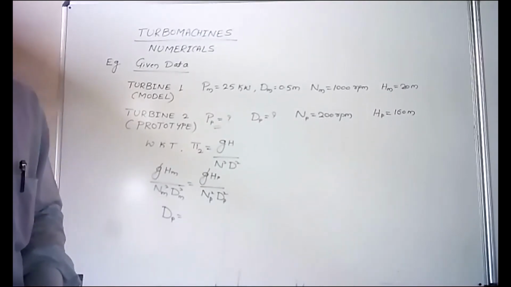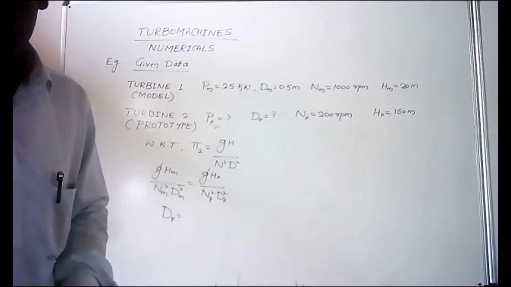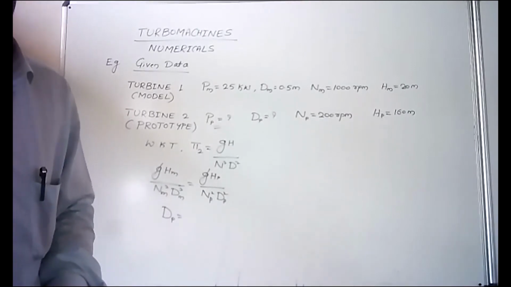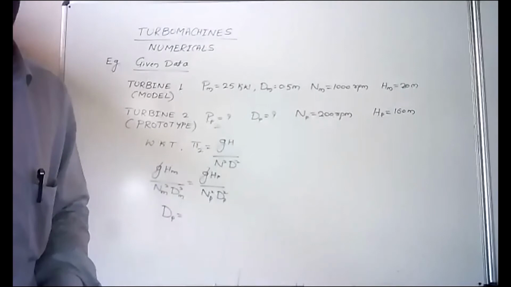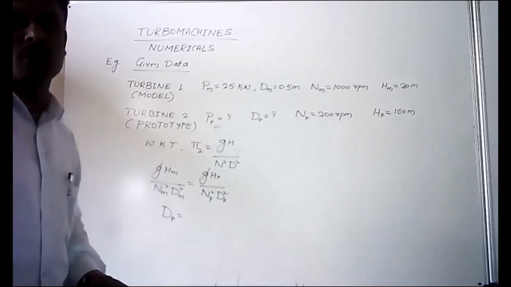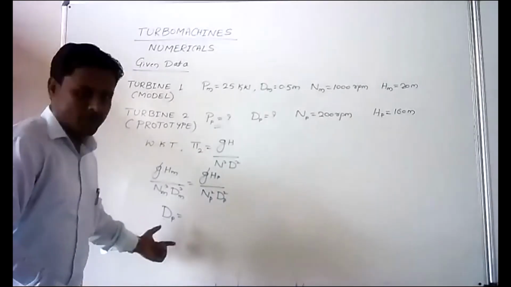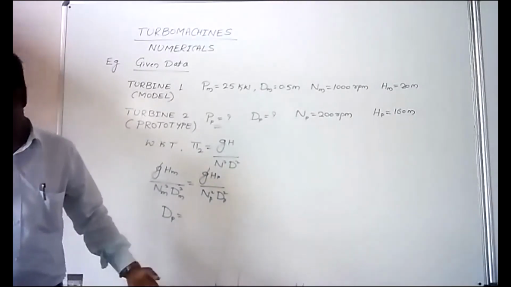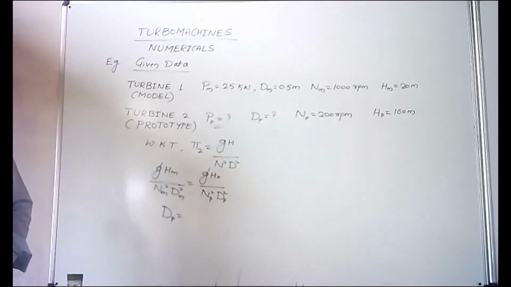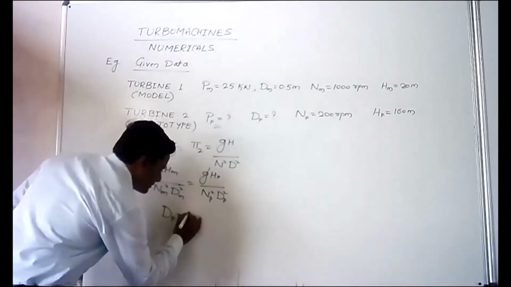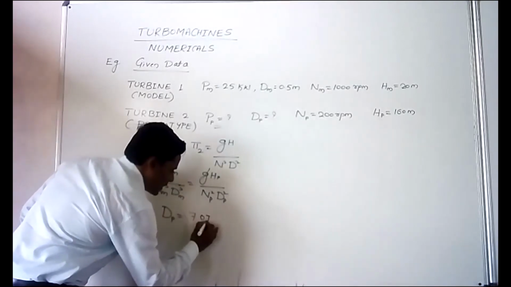Is the screen visible now? Yes, sir. Okay, fine. Now, what is the value of Dp here? 7.071 meters.